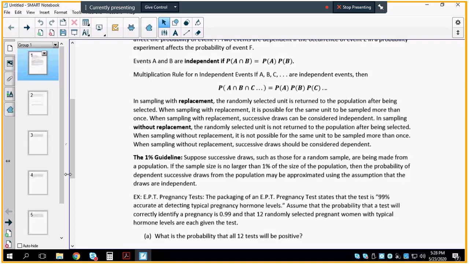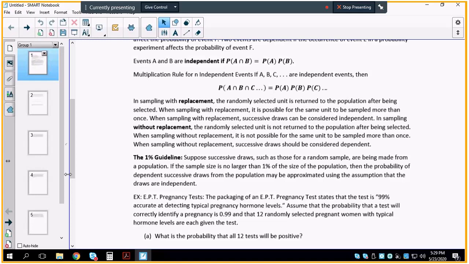Whereas if you have drawn an item and did not return it, then the sample space is actually missing that item now. So the probability of drawing the same item one more time is going to change depending on whether you have drawn this item in the first draw or not. So this has made drawing without replacement a dependent event.